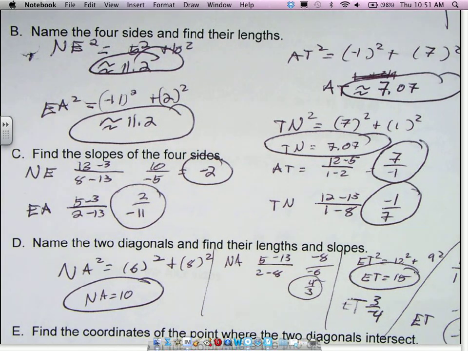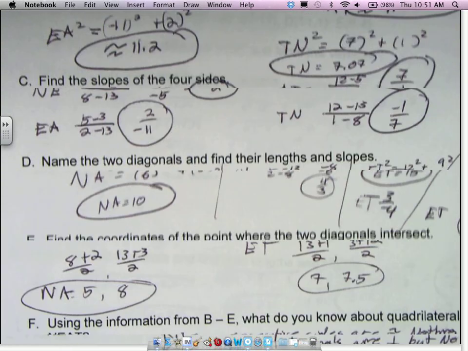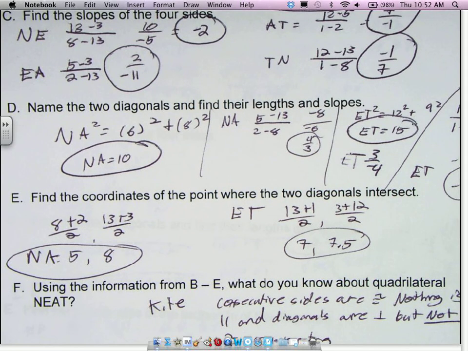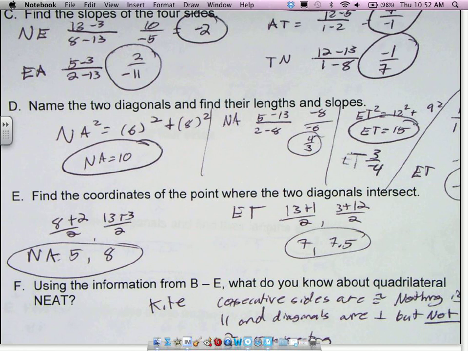I am going to move it up, so we're covering up B. The midpoint of NA is 5, 4, and ET's midpoint is 7, 7.5. But we know the diagonals of a kite from our warm-up today do not bisect each other. I moved it over here so that you don't need to see it.